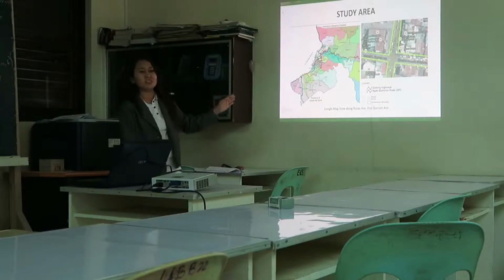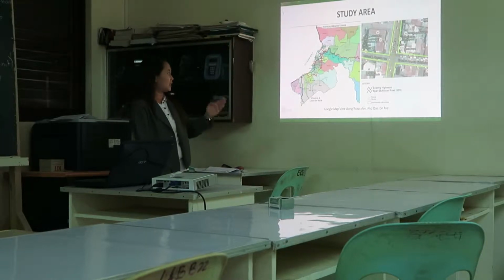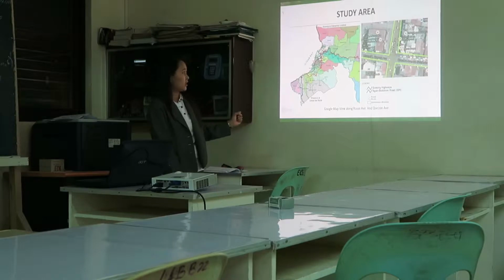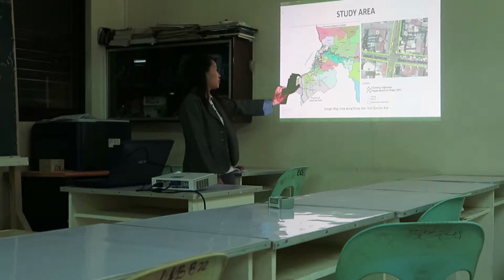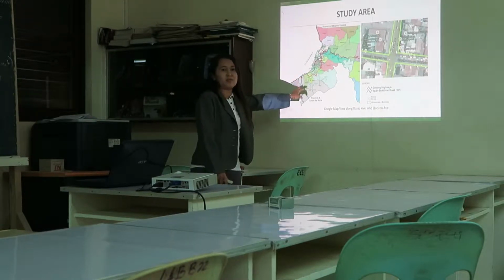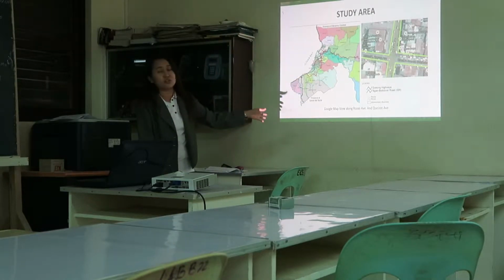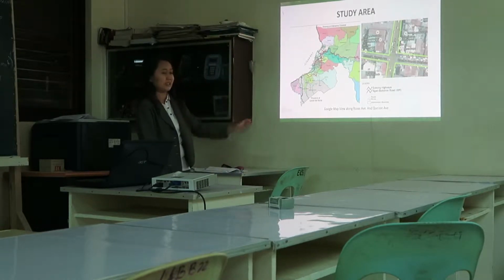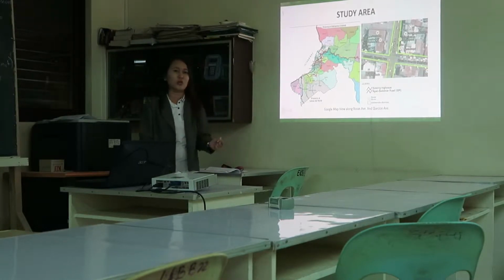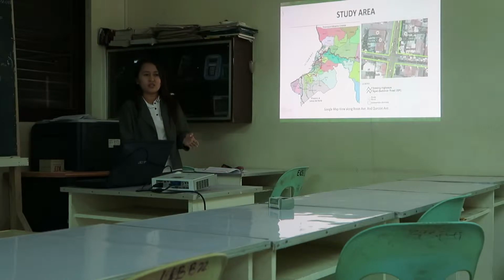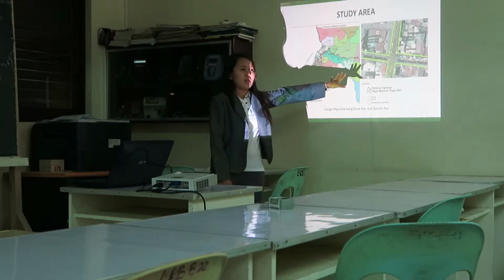The area of the study is located along the main road or the national highways of Iligan City. And as you can see, if we zoom out the administrative map of Iligan City, Rojas Avenue is part of the main road in Iligan City. So, based on our preliminary investigation, a lot of traffic violations occur in this area.